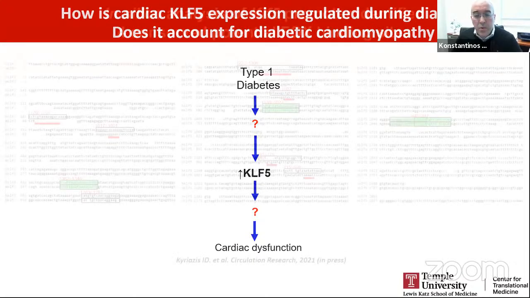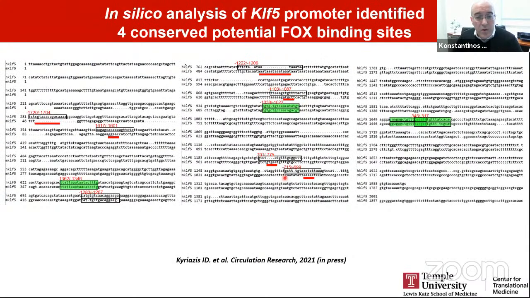So we again did a promoter analysis for the human and mouse KLF5 gene. There was a long list of potential binding sites for different transcription factors, but our attention was drawn by 4 conserved potential binding sites for FOX proteins.